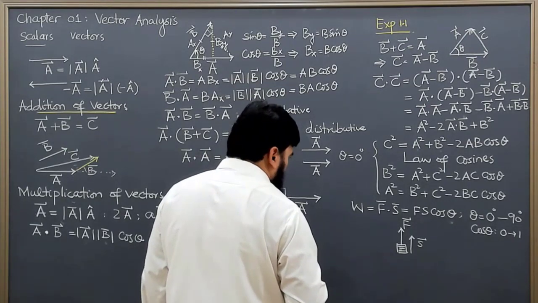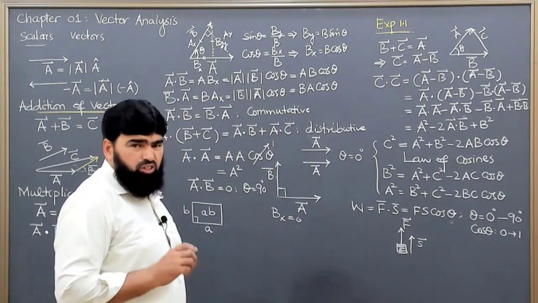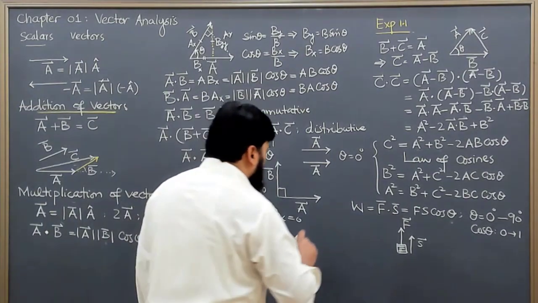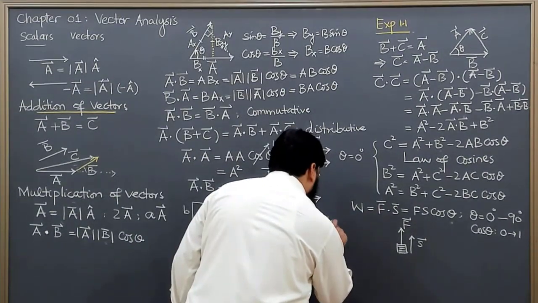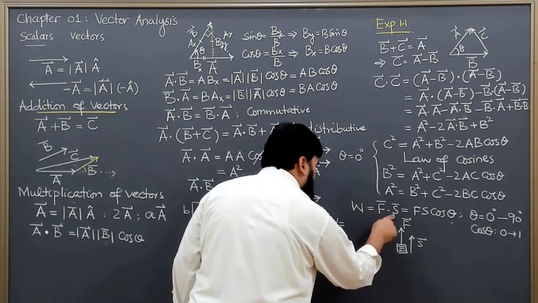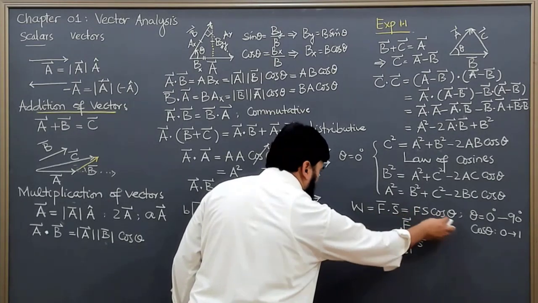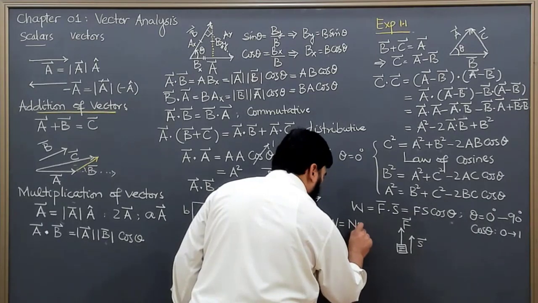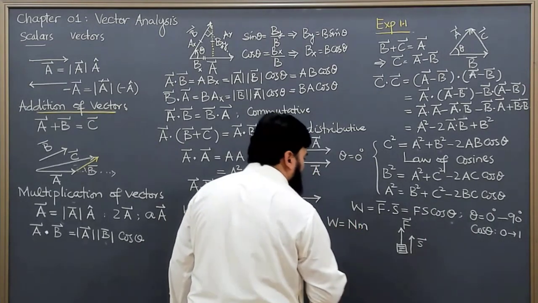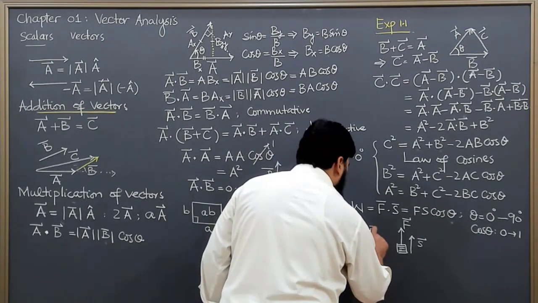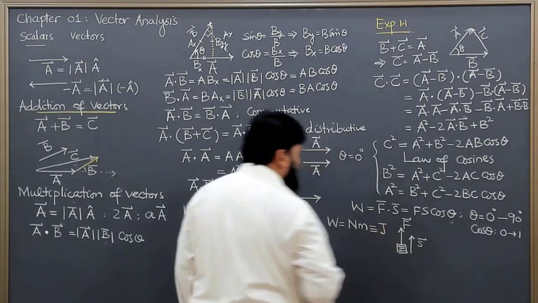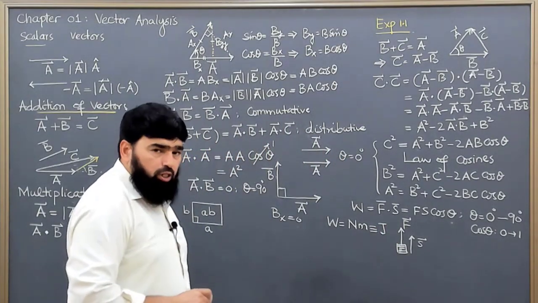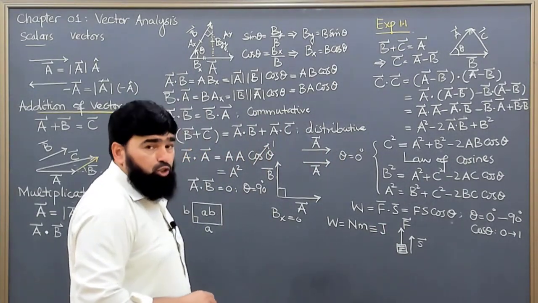Another very basic question in this regard is that work is equal to F dot S, which is Fs cos theta. Cos theta is dimensionless, F is Newton, and S is meter. So we define this as joule. So work is Newton into meter, in joule.